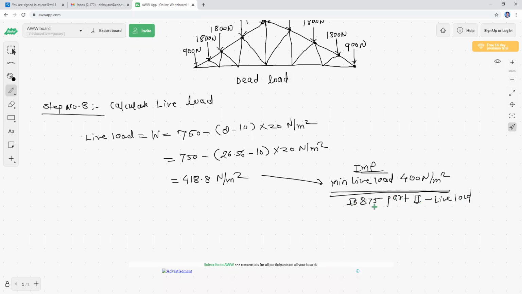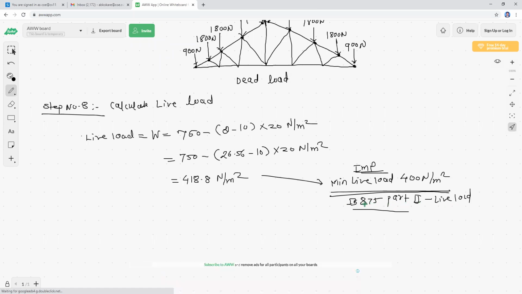In IS 875 part 2, they have given one sentence: minimum live load 400 Newton per meter square we have to consider. Whatever greater value is there, we have to consider that, no problem, but minimum this value we have to consider. This is very important for the MCQ examination. Maybe you will be asked 2 MCQs: which IS code is used for the live load?